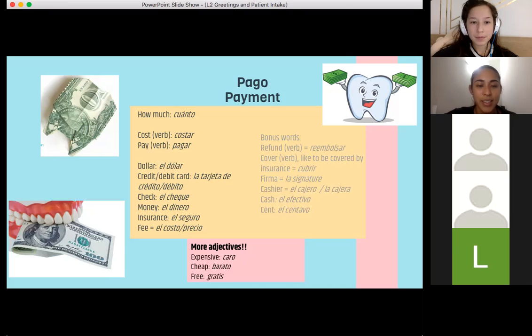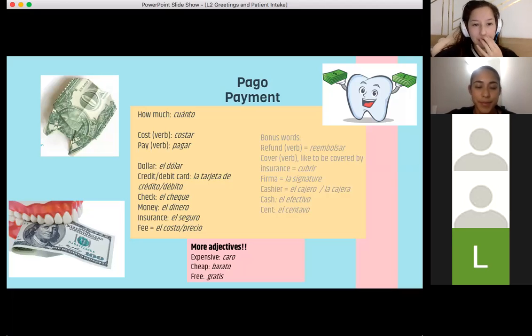Check is el cheque. Money, el dinero. Insurance, el seguro. Fee is el costo o el precio. And some adjectives to follow along with the theme of our presentation are expensive, means caro. Cheap is barato. And free is gratis.